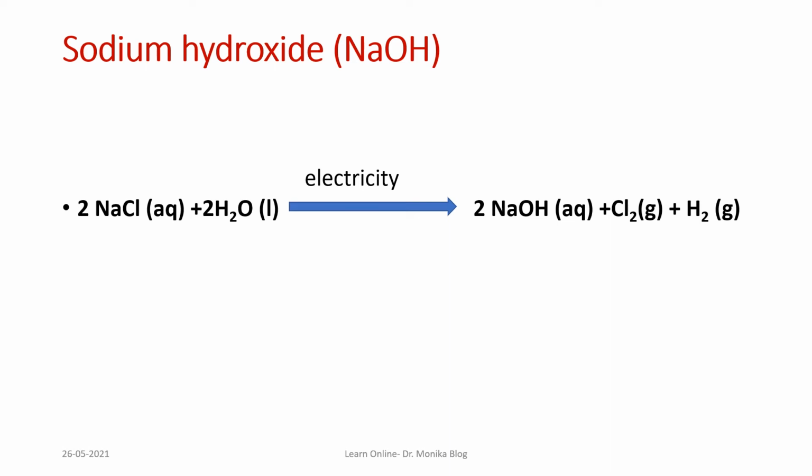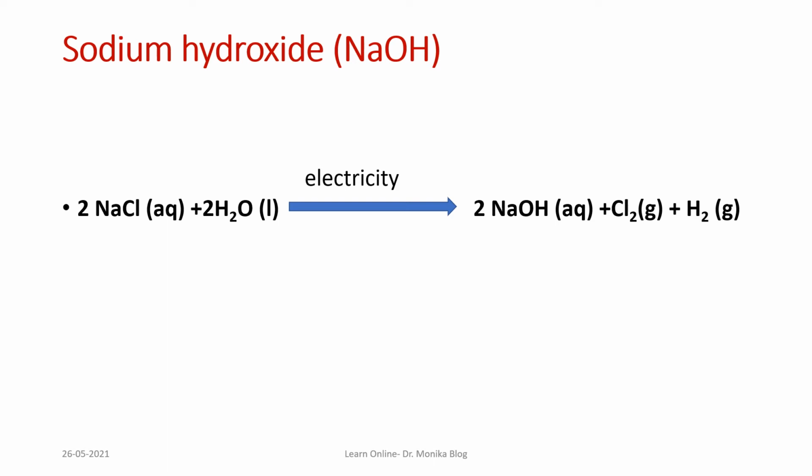Then it decomposes to form NaOH, that is sodium hydroxide, and release of chlorine and hydrogen gas also takes place. The formation of sodium hydroxide and release of chlorine gas in this process is called the chlor-alkali process.